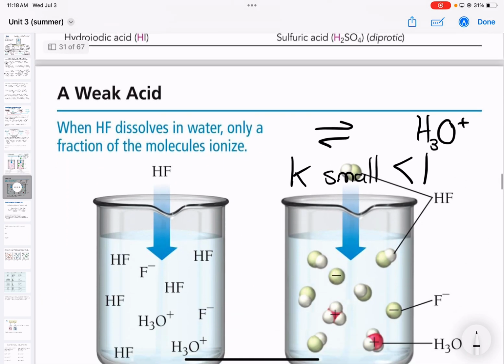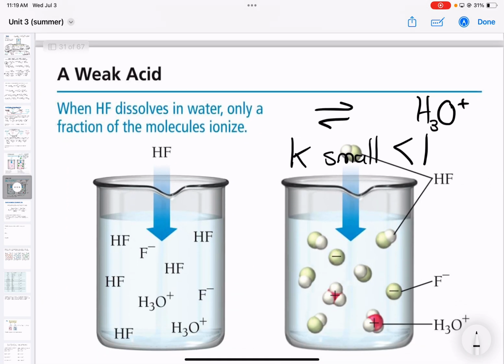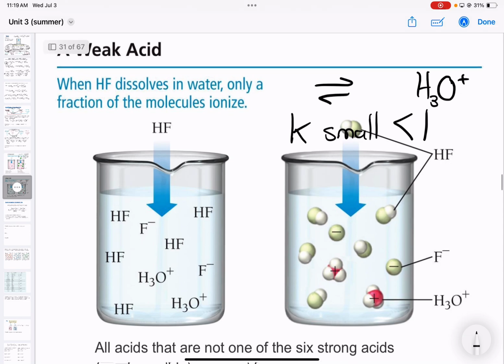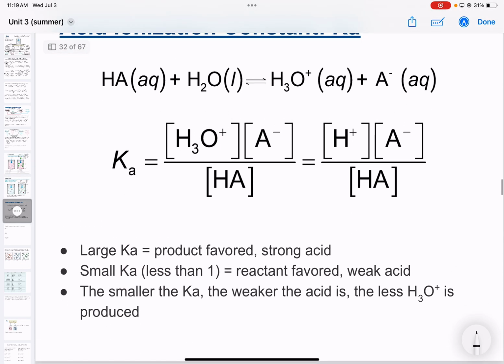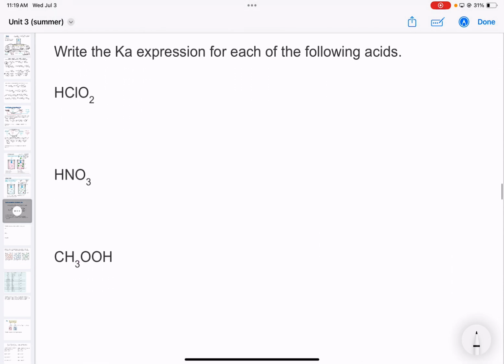But if I have 1 mole of a weak acid, that might only make like 0.1 moles of H3O+, or 0.001 moles of H3O+. So you're getting a lot less of the acid properties with a weak acid, even if they're the same concentration as a strong acid. Okay? And we'll calculate the details of that next week. So we'll get there next week.